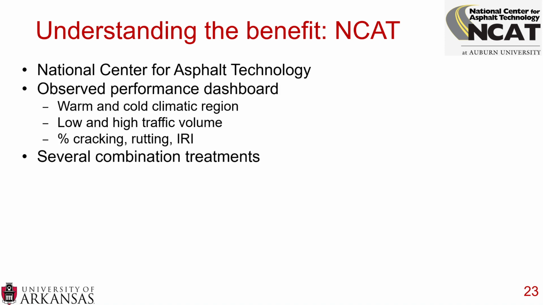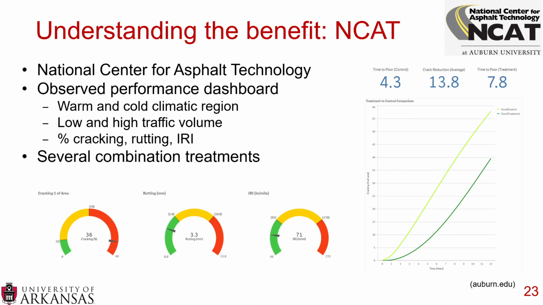You should take a look because they have what is called a performance dashboard. They have both warm and cold climatic region data. They have low and high traffic data, and they have percent cracking, rutting, and IRI. Those are the MAP-21 indicators. They have several combination treatments out there, and moving from left to right, there's the percent cracking of area, the rutting, and also the IRI for these combination treatments.